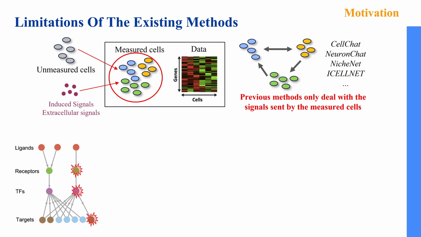So that's the basic logic. And then the logic behind it: how can we infer what we do not have in the data? First we need to have the signaling networks with these four layers, from ligand to receptor to TF to targets. Once we have this network, the basic logic is that we find this target is activated. It has a very high expression level. And then we look from the bottom to the top.